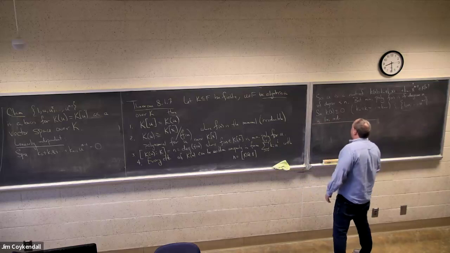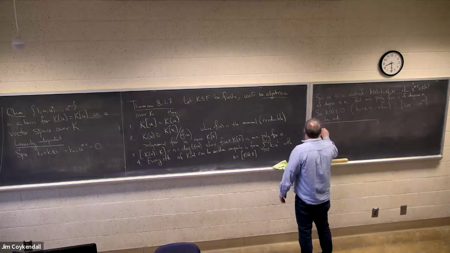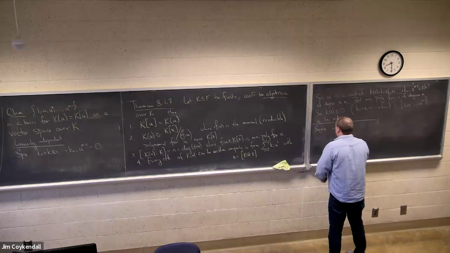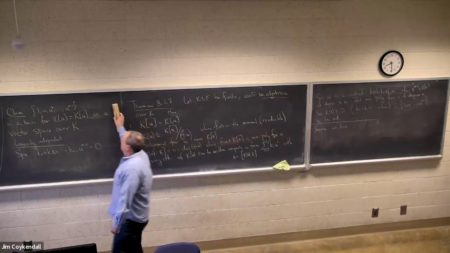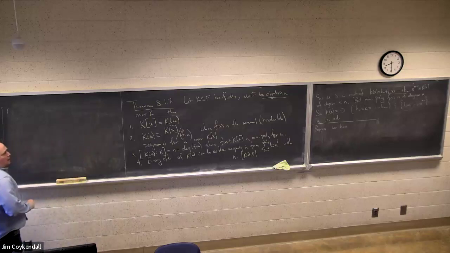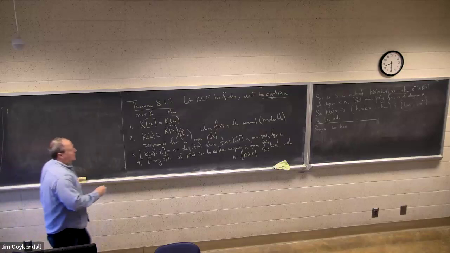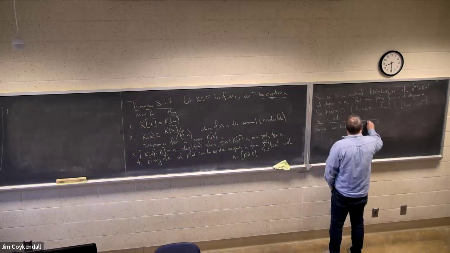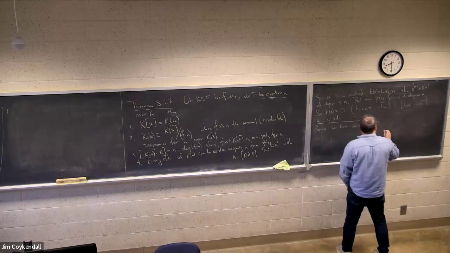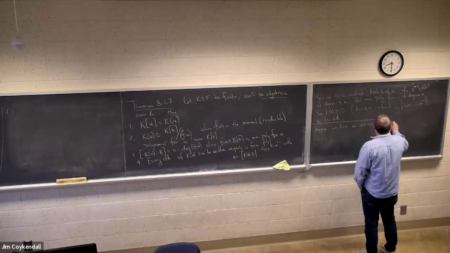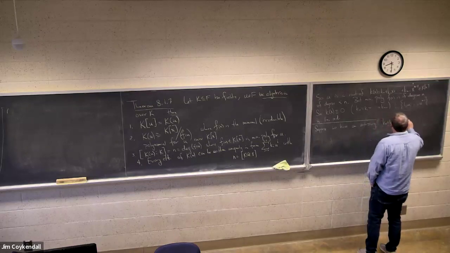So suppose we have some arbitrary element here, a0 plus a1, right? k0 plus k1 u plus up to k m u to the m.